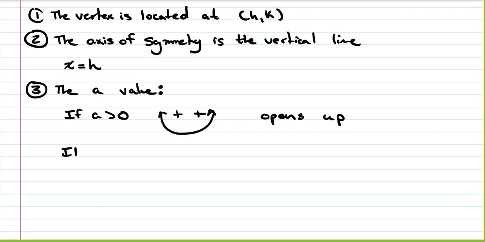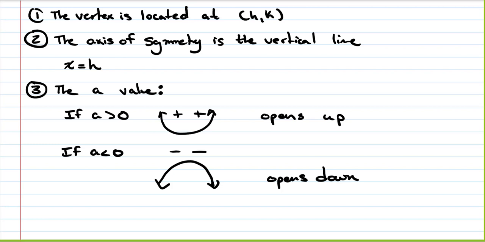If a is less than 0, our parabola is going to be sad and it's going to open down. If it opens up or it opens down, we'll notice that if a is positive, it opens up. At its vertex, we're going to have a minimum.